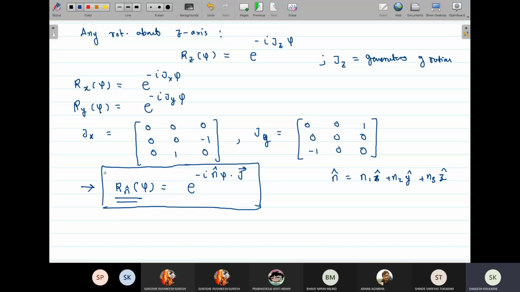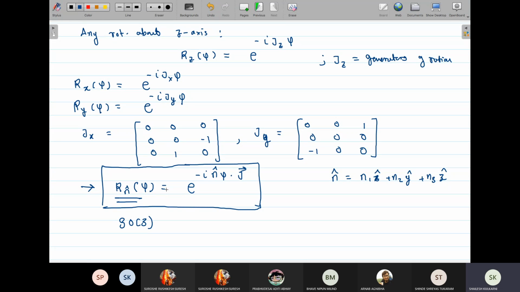Probably in a group theory course we will see this kind of expression. The set of all these transformations forms a group known as SO3, the spatial orthogonal group in 3 spatial dimensions.